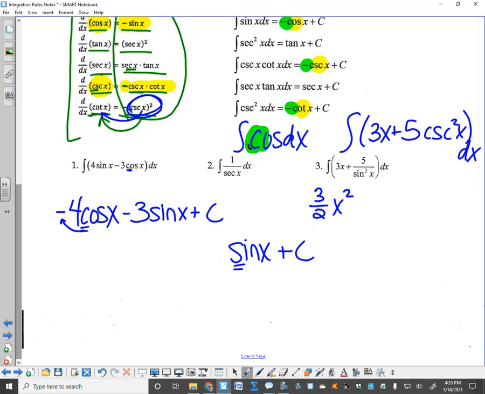That's one of those we didn't use that often. It's been a while since we've done derivatives of the good trig. So cosecant squared was the result of a cotangent derivative, so this is going to turn into a cotangent. My answer starts with a c, so I know it's going to change my sign to a negative. Don't forget your plus c.